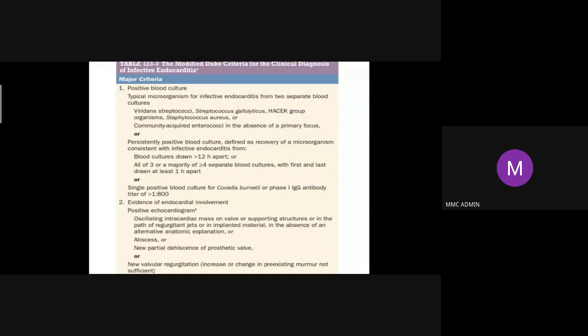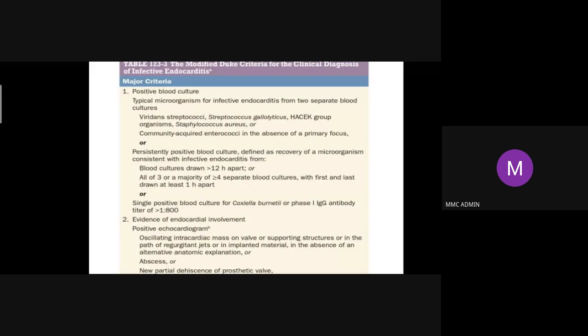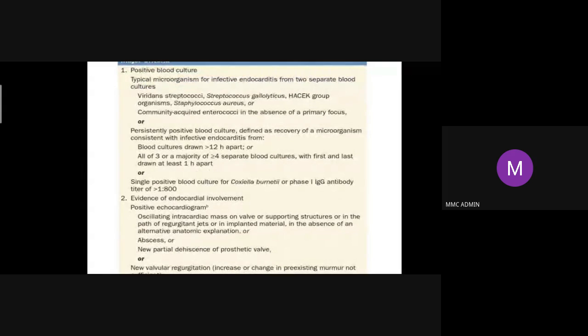Then we learn about the Duke's criteria. This table shows the major Duke's criteria for infective endocarditis. The major criteria say that the blood culture should be positive for typical organisms, including Streptococcus gallolyticus, HACEK group organisms, Staph aureus, or community-acquired enterococci. Or the blood culture is persistently positive, meaning recovery of an organism consistent with infective endocarditis from blood cultures drawn more than 12 hours apart, or all of three, or a majority of four or more separate blood cultures, with the first and last drawn at least 1 hour apart.